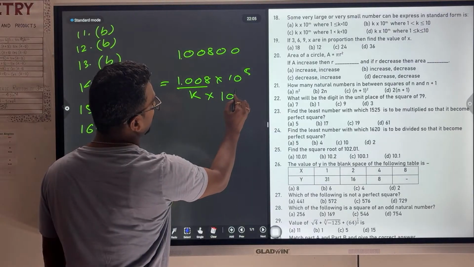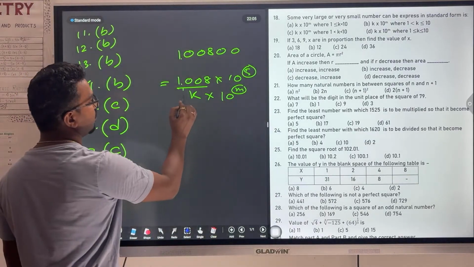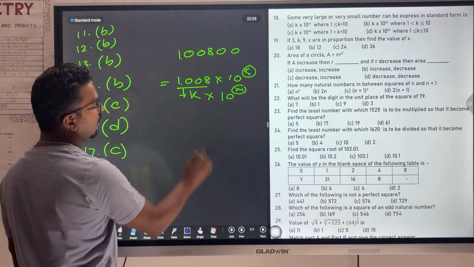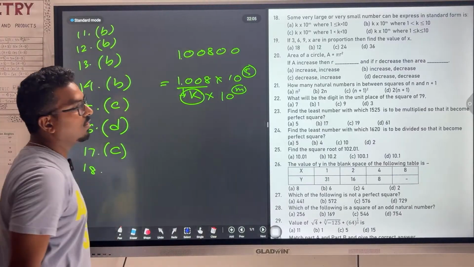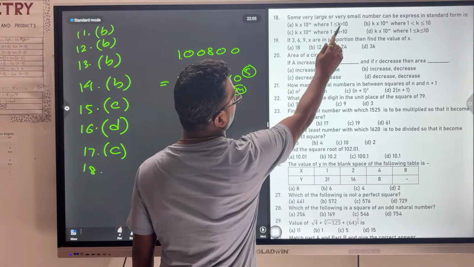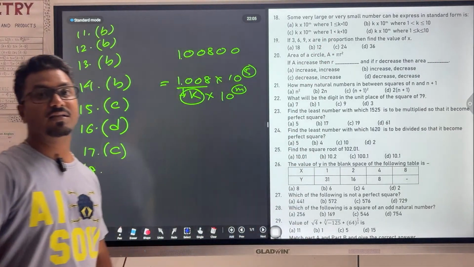Here 10 to the power m has m equal to 5, and k is the other part. K lies between what? K is greater than or equal to 1 and less than 10.